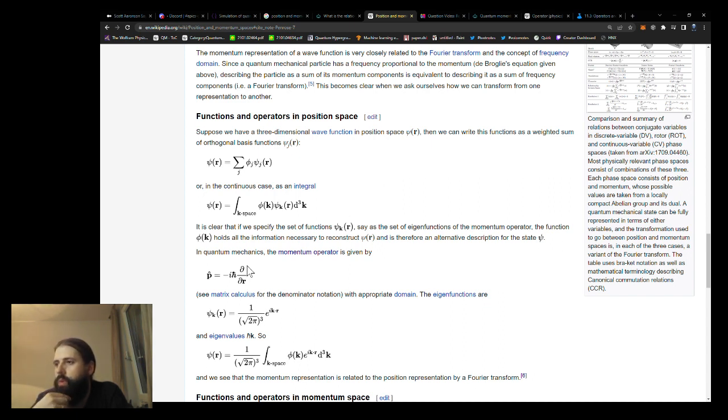And these are basically the eigenfunctions with eigenvalues. Okay.